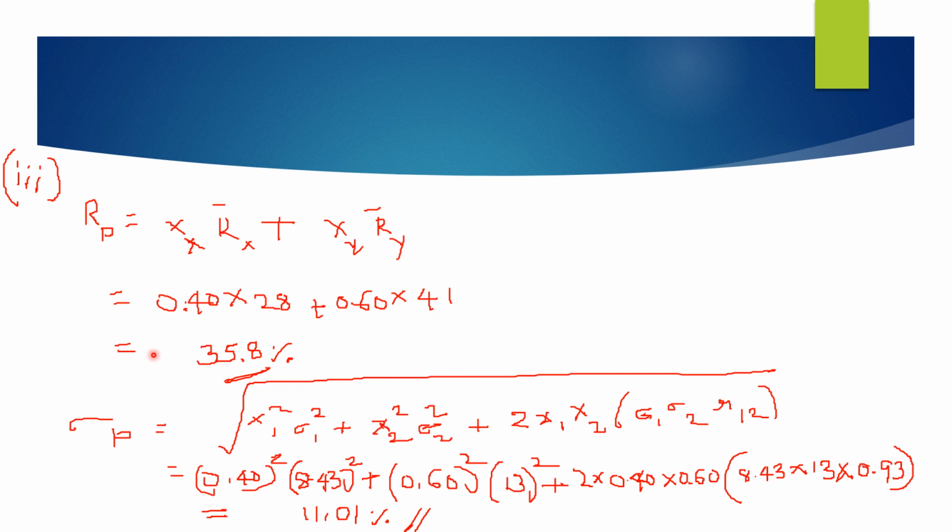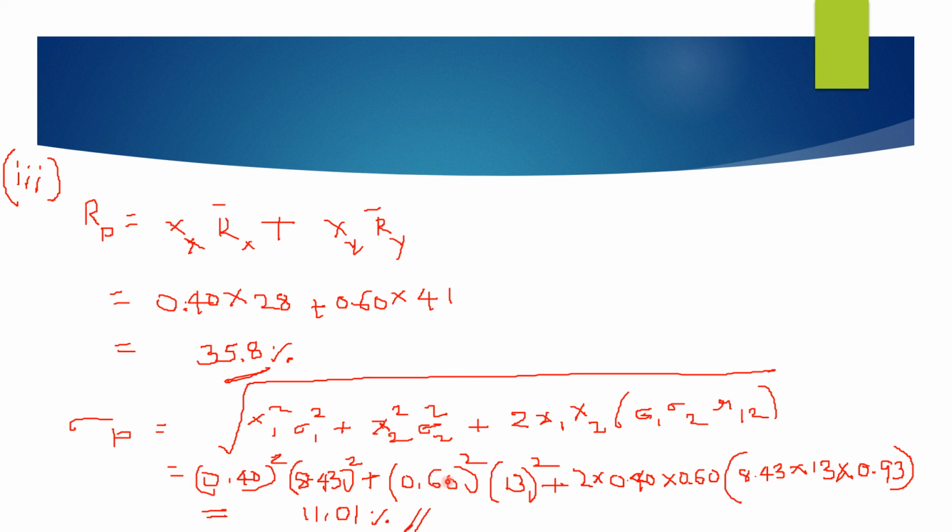By calculating you get 35.8%. Then the expected risk, using the formula, again the same values you have to substitute. Here you have found the covariance and coefficient of correlation, so directly substituting the values. The funds invested x1 and x2, that is P stock and Q stock, are 0.40 and 0.60.